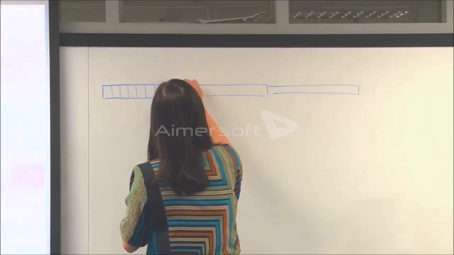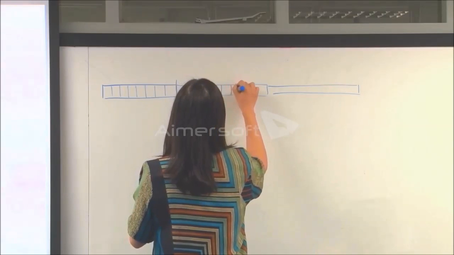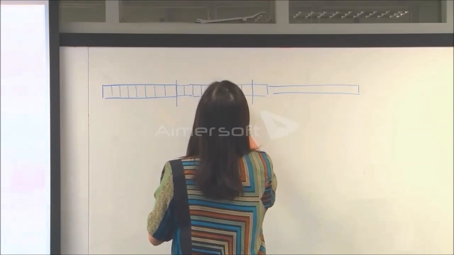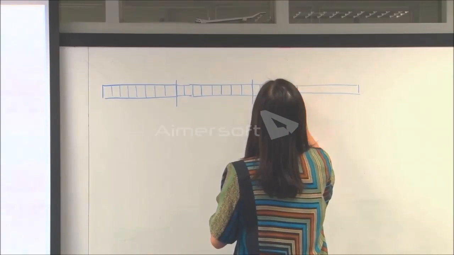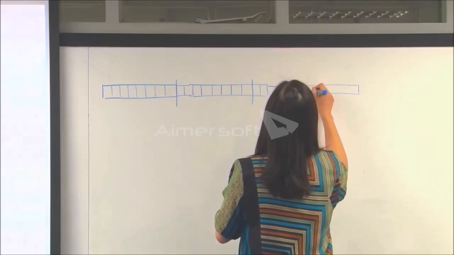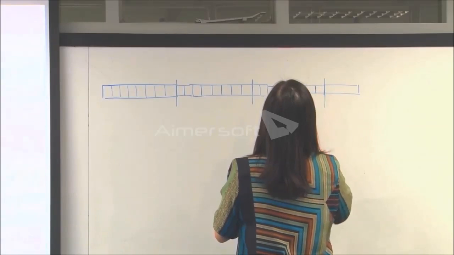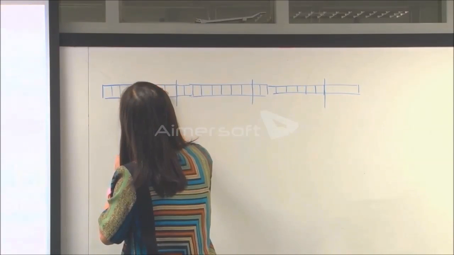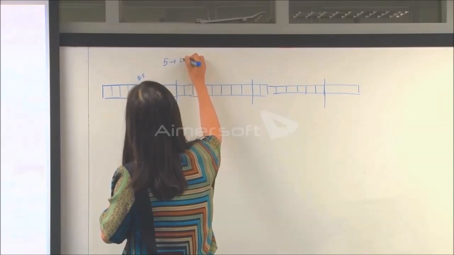So this is my 1 frame. Okay, so I have the frame. Suppose I have user number 5, and 5 wants to send to 4. Okay, what do I do?